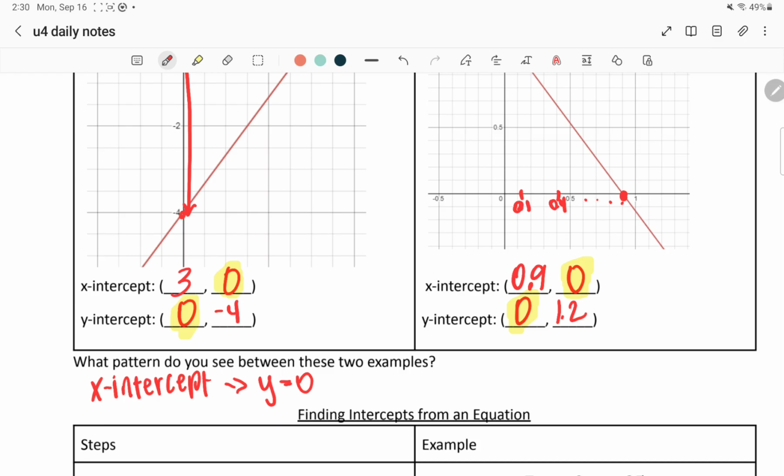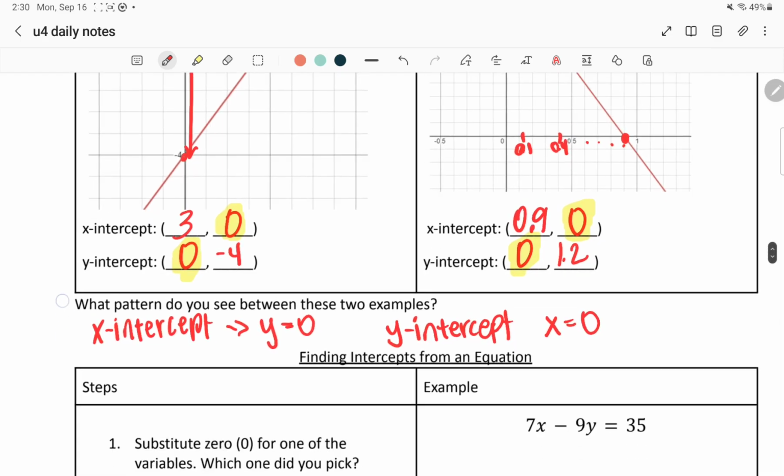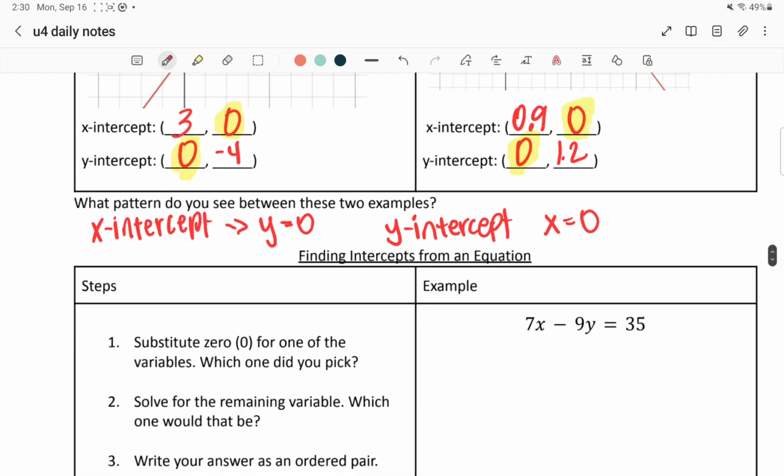When it's the y-intercept, x equals 0. Okay, so lots of zeros. So that's finding intercepts from a graph. It's kind of nice, we just look at it and we write it as an ordered pair.